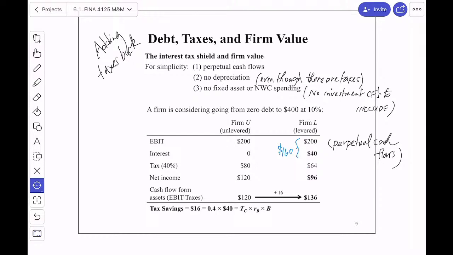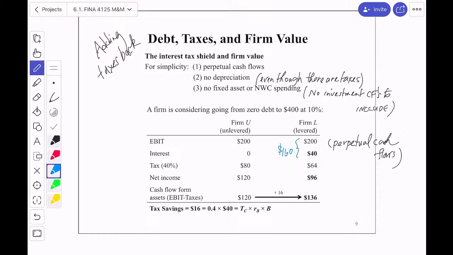Okay, 40% on 160 is 64. So then net income. I'll do the math.